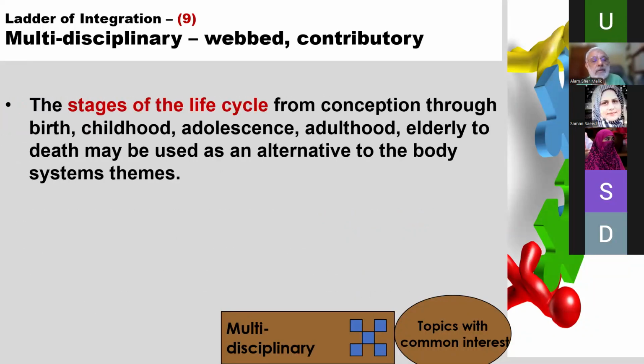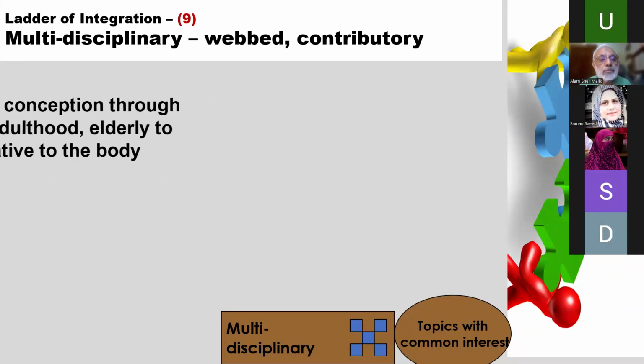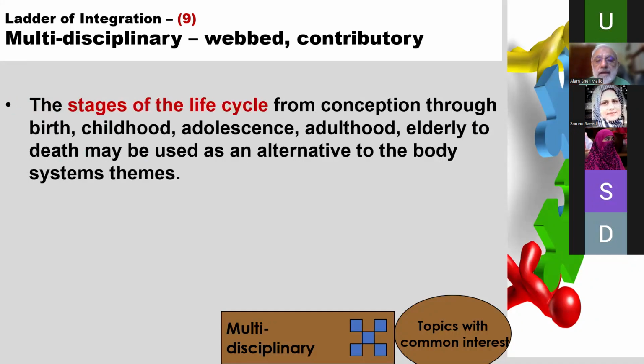Now, the one is based on the body system. The other approach could be the organization of the curriculum based on the stages of the life cycle. So rather than having systems, we say okay, conception through birth, then childhood, then adolescence, then adulthood, then elderly, and the death. So organizing the curriculum under these modules.